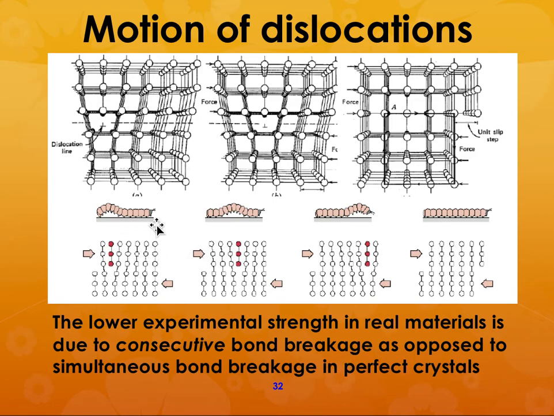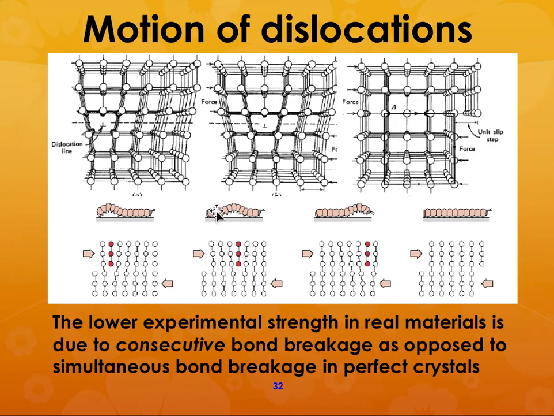Think of this as a carpet. If you want to move a hump in the carpet from one corner to the other, how would you do that? It is similar to moving these atoms from one point to the other.